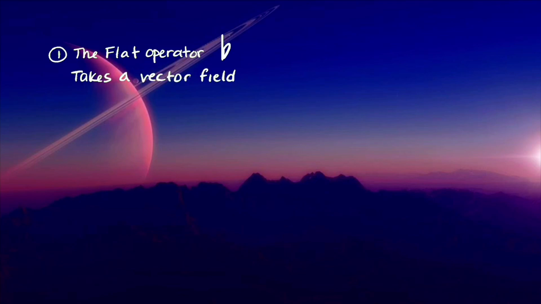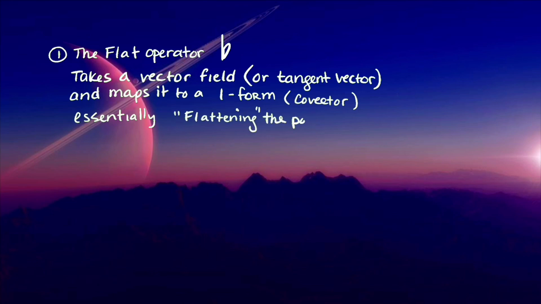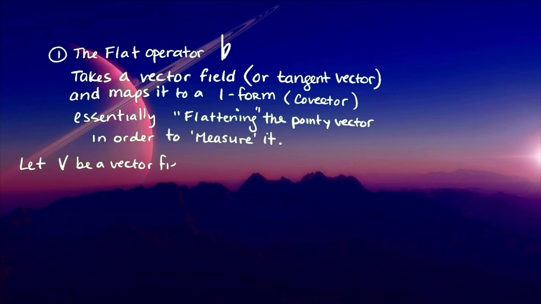Now, a flat operator takes a vector field, which is something pointy, or a tangent vector, and maps it to a one-form or covector, which is essentially flattening this pointy vector. It's giving us a real number in order to measure it.